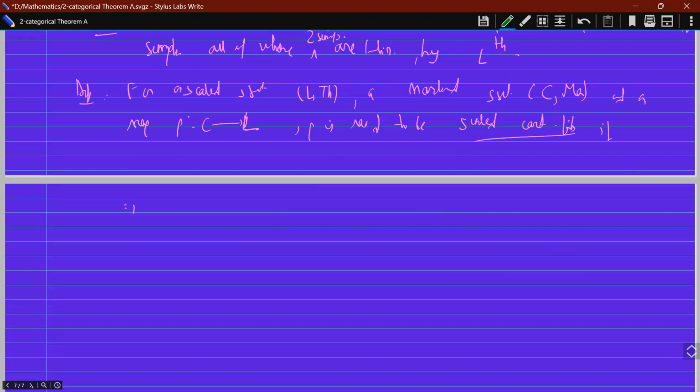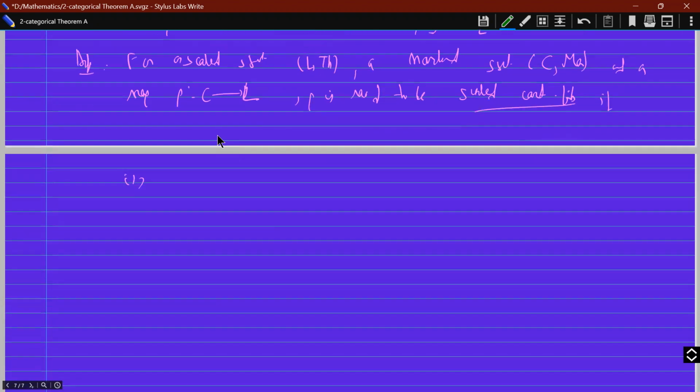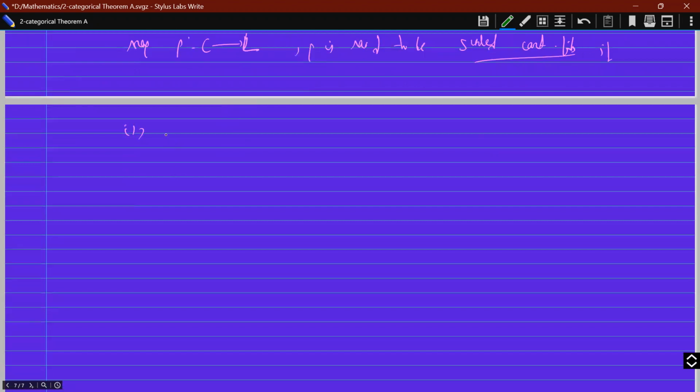if, starting from the main page, first, this map P is a locally Cartesian fibration. What do I mean by locally Cartesian fibration? Maybe I'll write that in brackets.